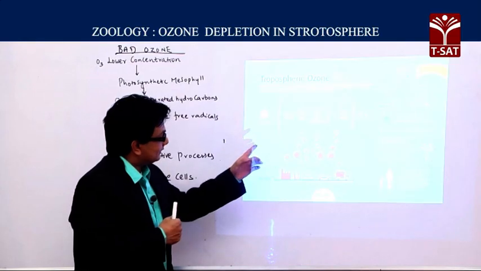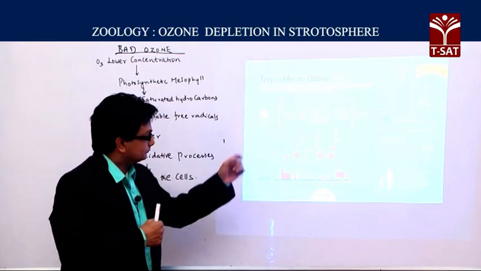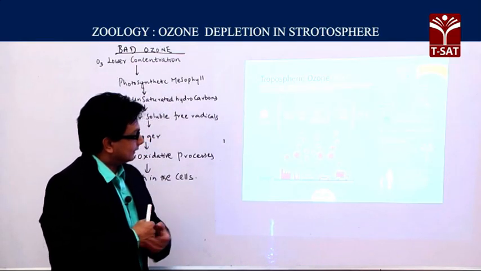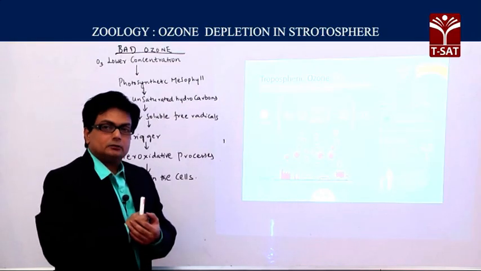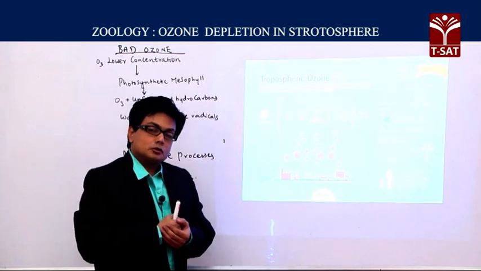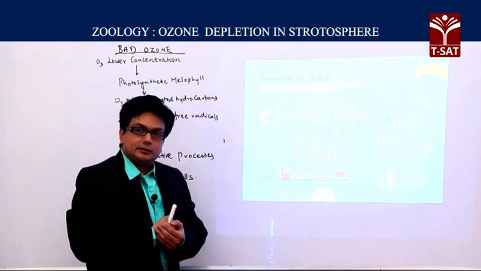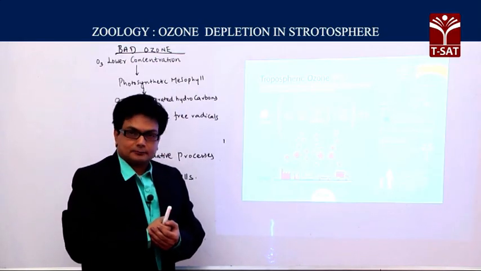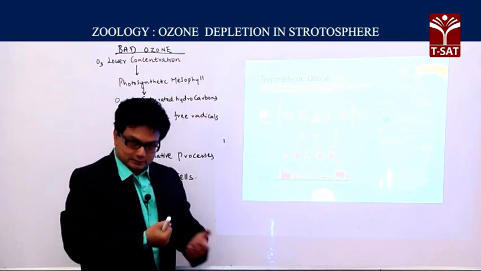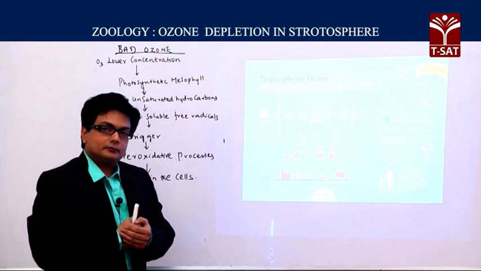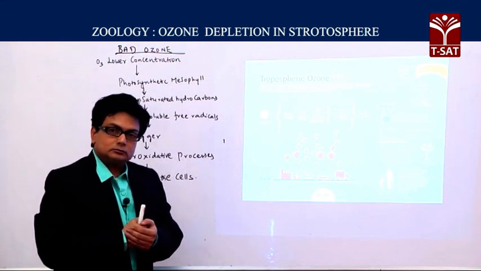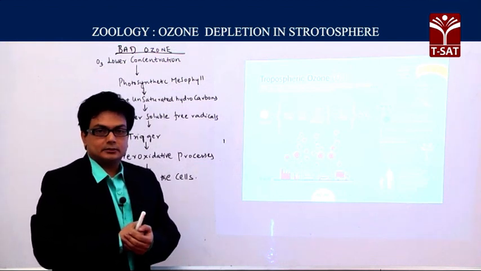We can see several chemical reactions going on, and ultimately there is formation of ozone in the troposphere. So ozone is a secondary pollutant released into the atmosphere, that is the troposphere. What could be the effect of ozone when released into the troposphere?